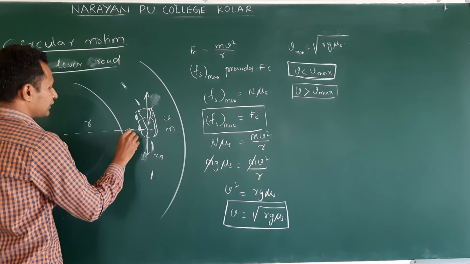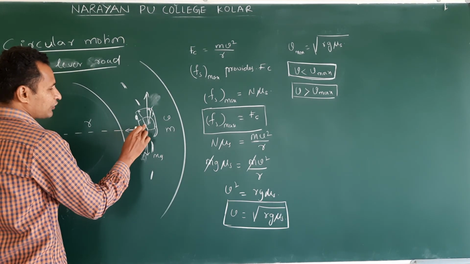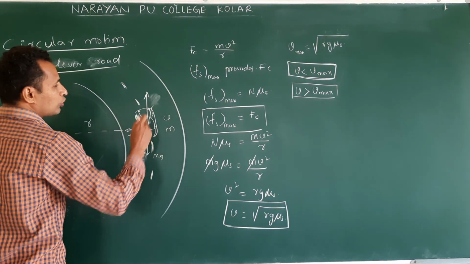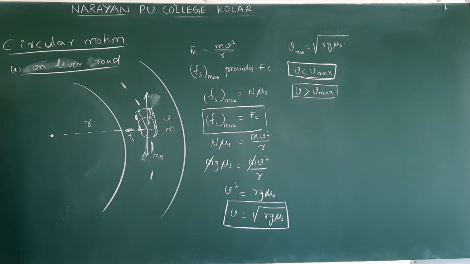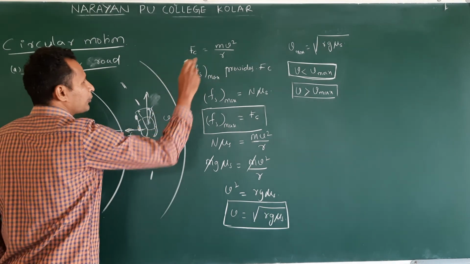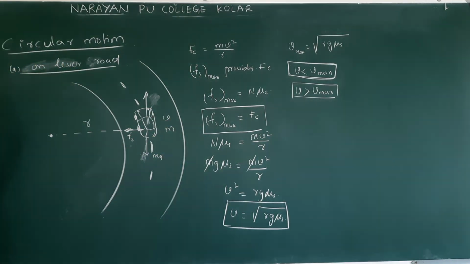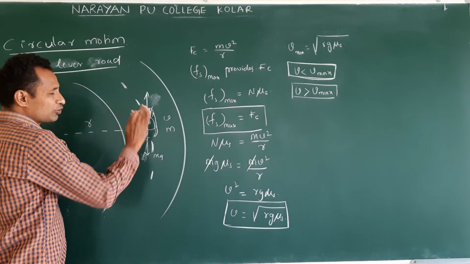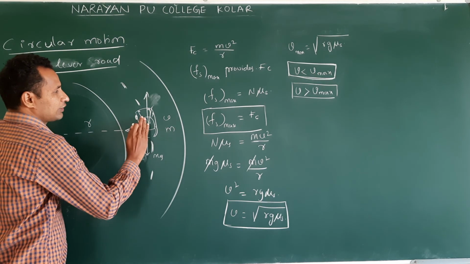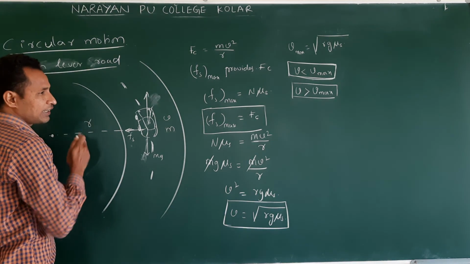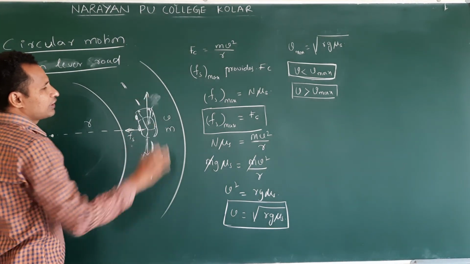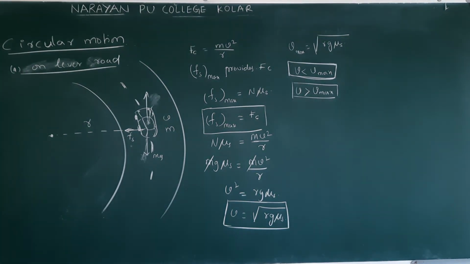Friction acts in this direction. What is the tendency of the vehicle? To move out. Okay? Then friction acts towards the center. So this provides the centripetal force. Understand? On the curved road, what is the tendency of the vehicle? To slide outside. So friction acts inside. This friction provides the centripetal force.